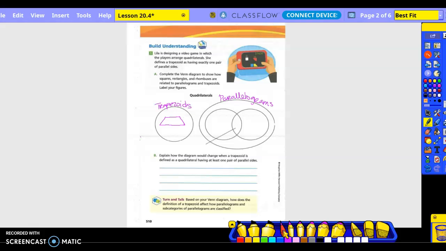So what is something that can be two other things? A square. So that's probably going to go into our overlapping part, right? And then we're going to show that all the sides are equal, and this is the square. So a square could be a what? A rectangle.